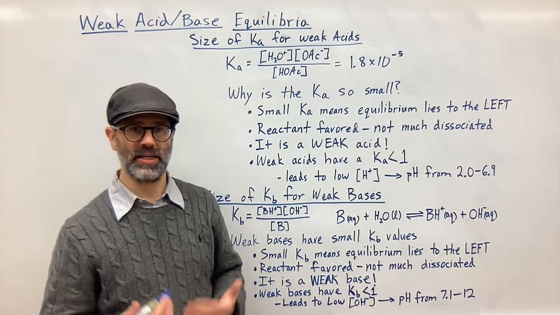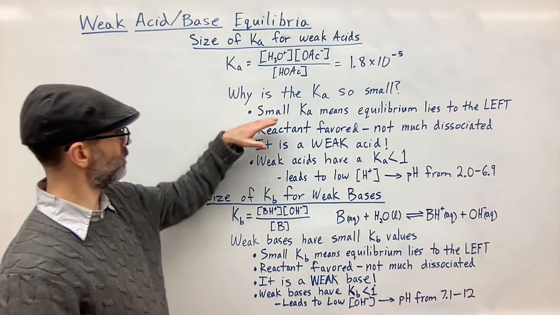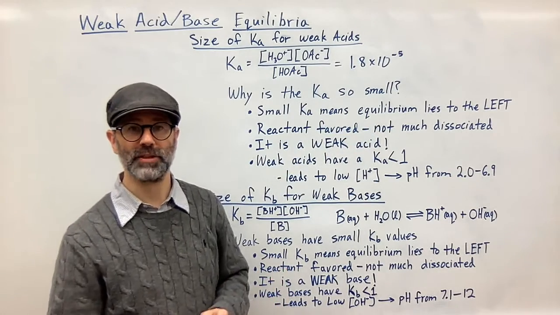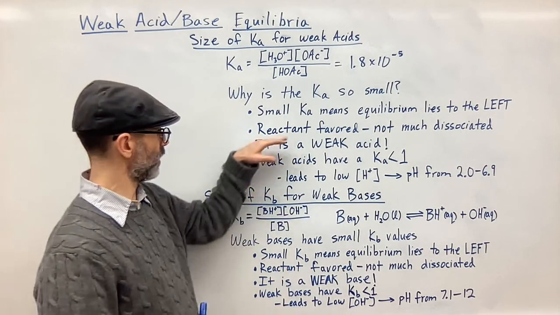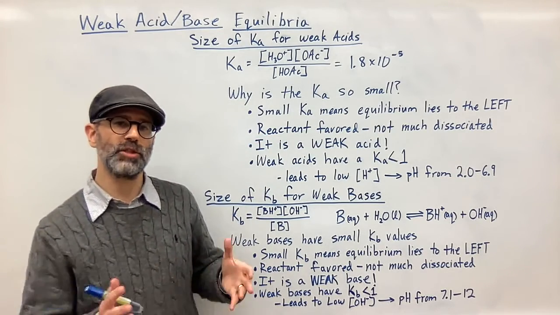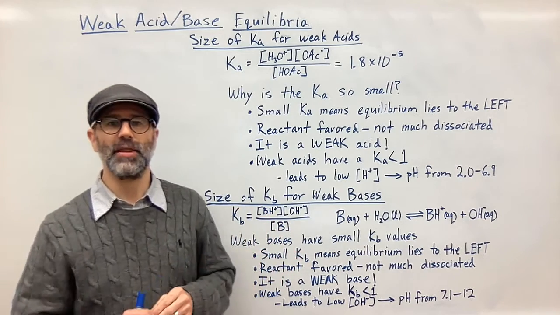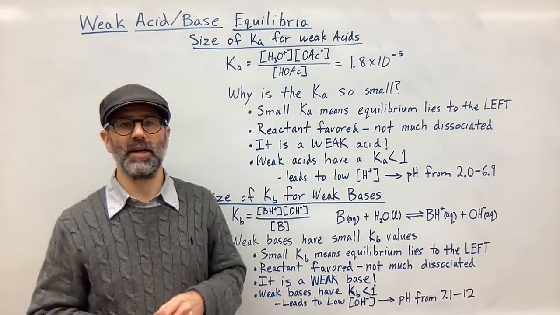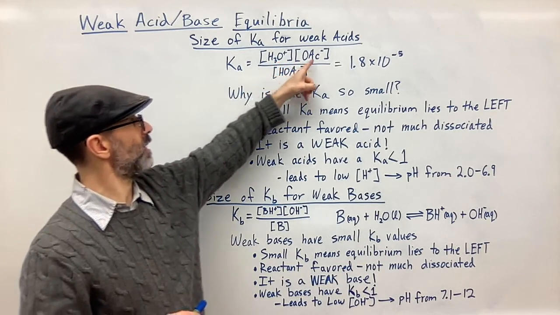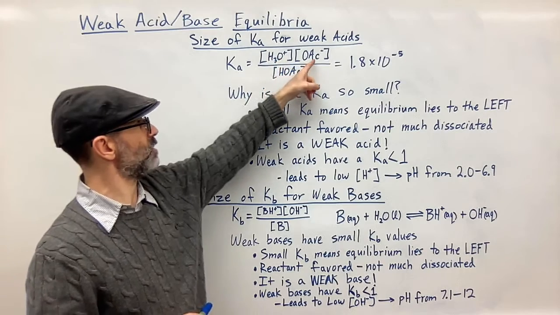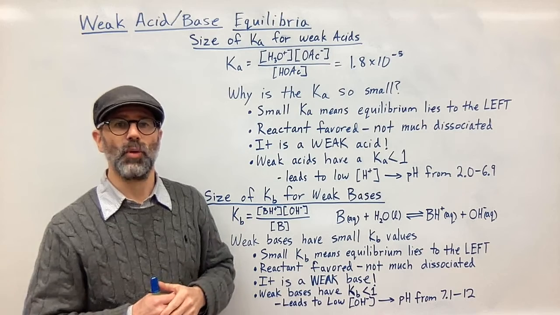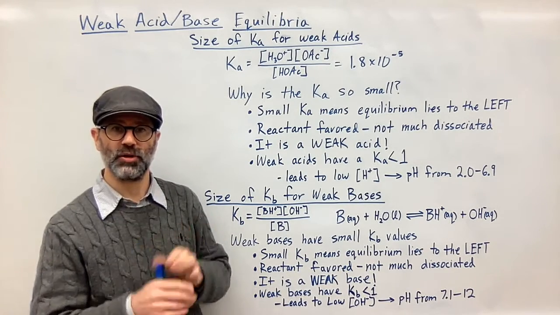So the question is, why is Ka so small? Well, a small Ka means that the equilibrium lies very far to the left. It is favoring the reactants, meaning that at equilibrium you're going to have much, much more reactant left than product. And the product, when we're talking about the product of the acid, is the ions, the H+ and the anion that's ionized when you reach equilibrium.